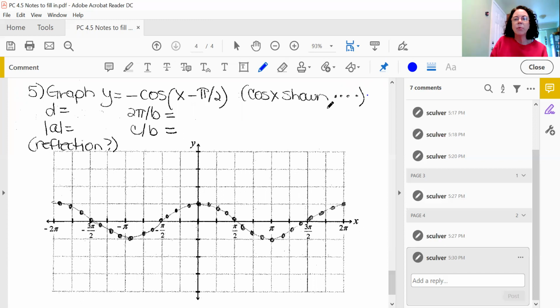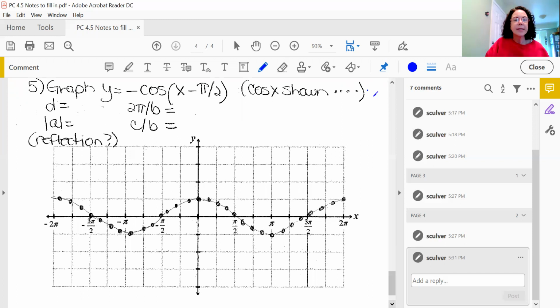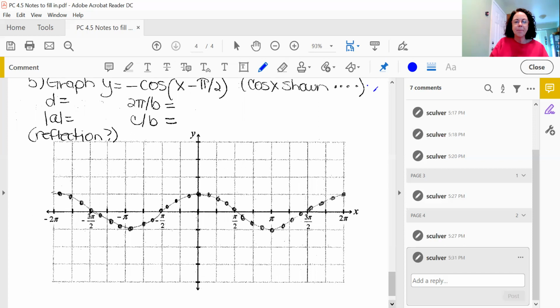So let's take a look at what we have here, right? We have our D, our vertical shift, we do not have one. So we will still be using the x-axis as our midline right here. So that's 0. Let's take a look at our amplitude. Notice cosine is being multiplied by a -1.